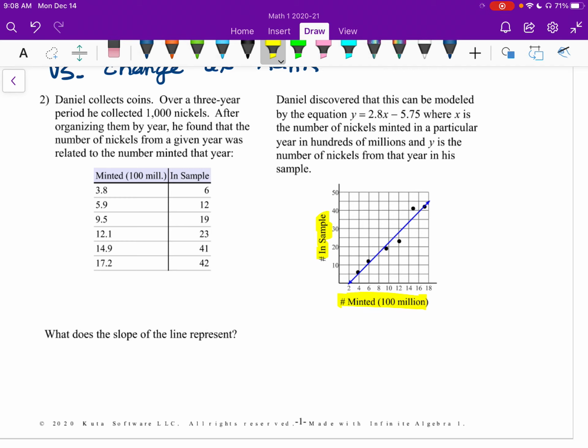This time, I'm going to say, well, every time we move to the right, we find more coins. So I'm going to say, well, the addition of nickels, or I'll say the additional number. I'll say additional, that'll make more sense.